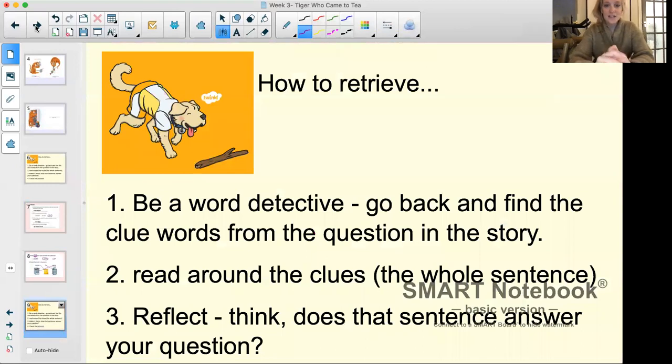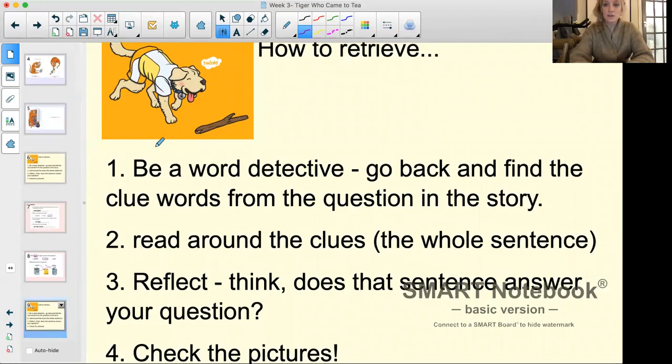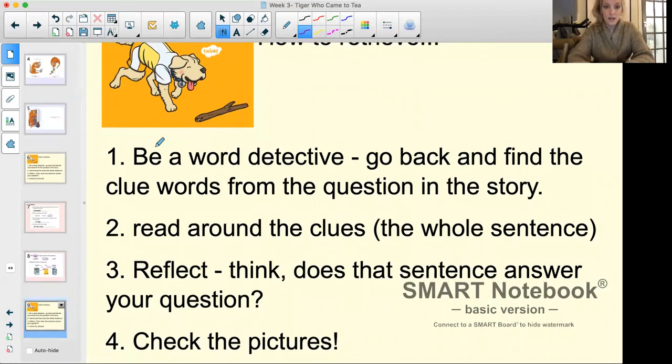All right, so looking today, we're working on retrieval again, but today you're going to have a little less help from me with guiding you. So we want to be moving towards independent retrieval. So let's look at some of the steps that we can follow to be really good retrievers. Number 1, be a word detective. So go back and find the clue word from the question in the story.